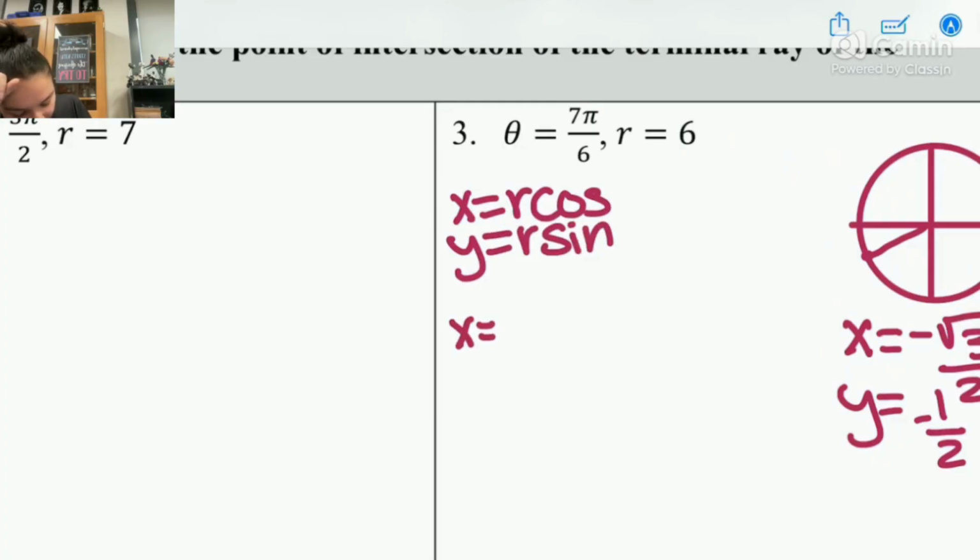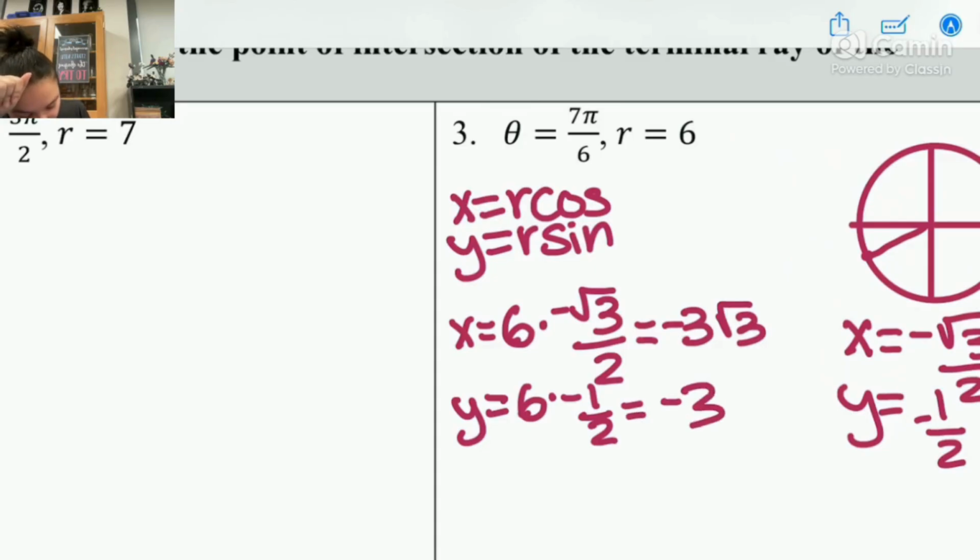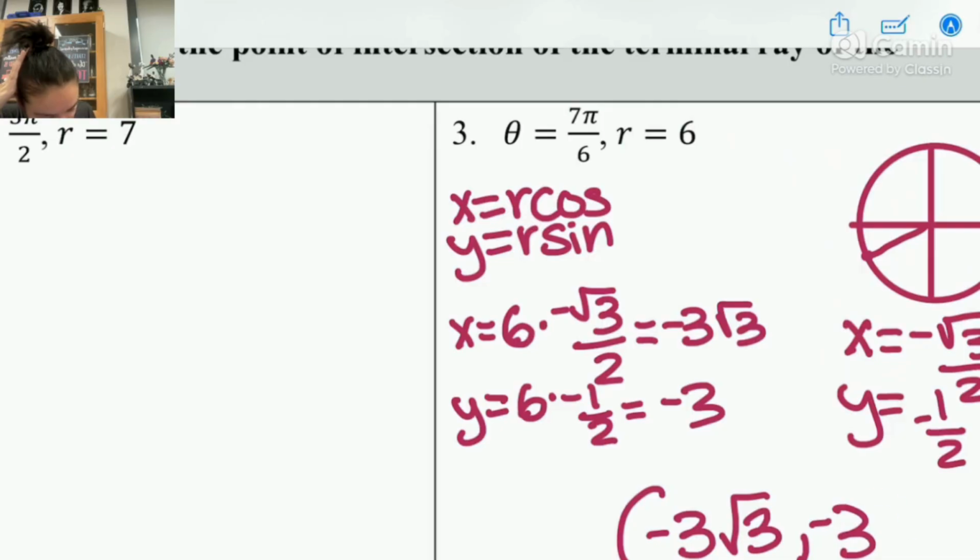So for x, we do 6 times negative square root of 3 over 2, and y would be 6 times negative 1/2. That means x would be negative 3 square root of 3, and y would be negative 3. So your final coordinates would be negative 3 square root of 3 and negative 3.